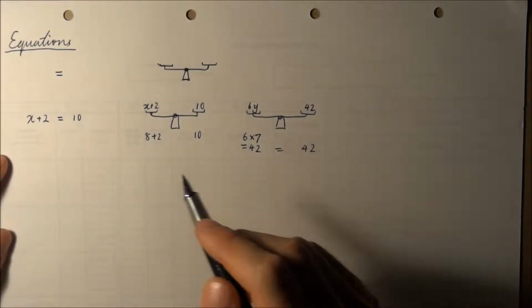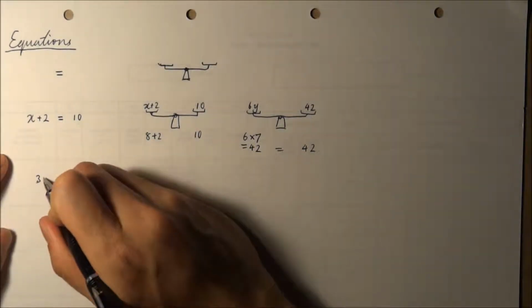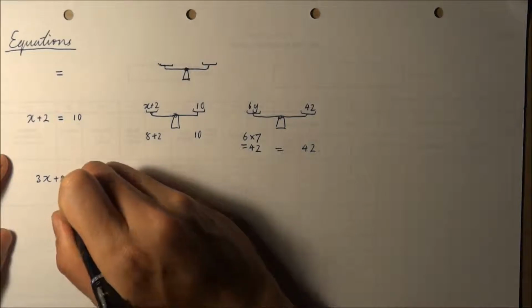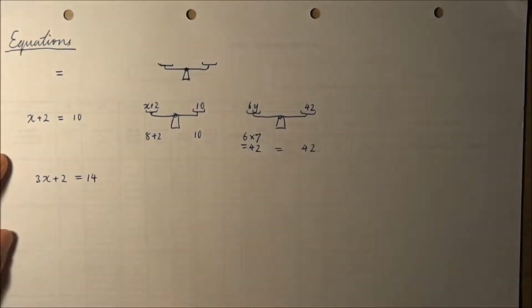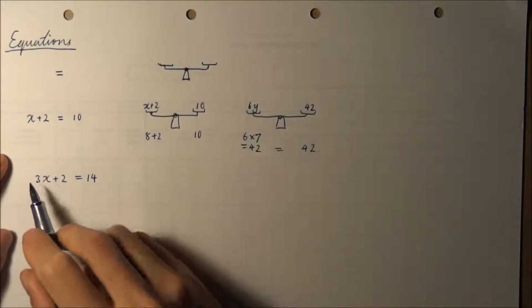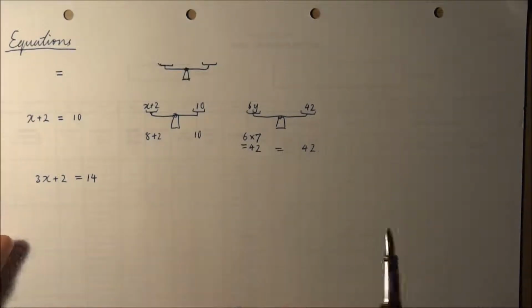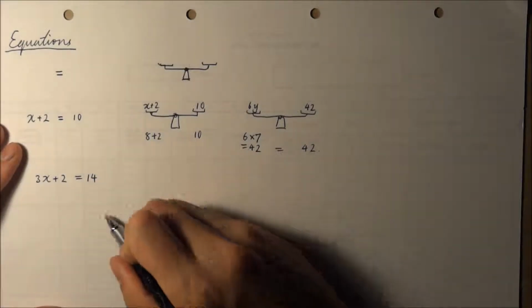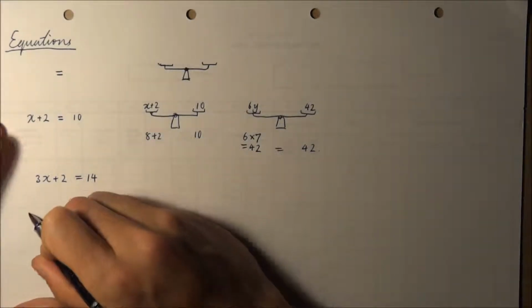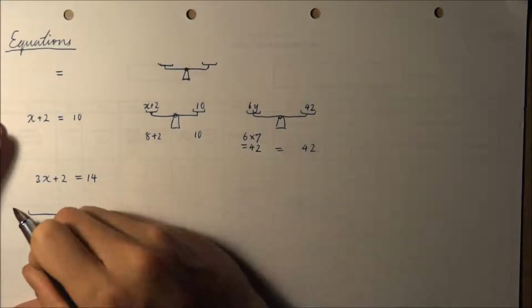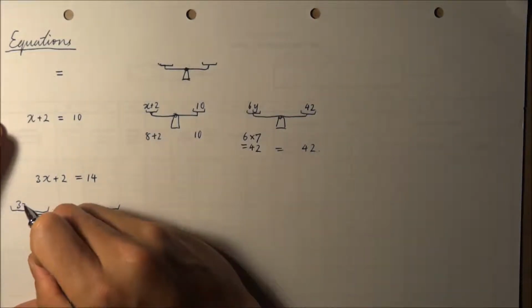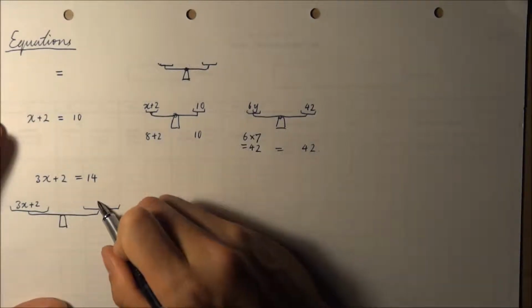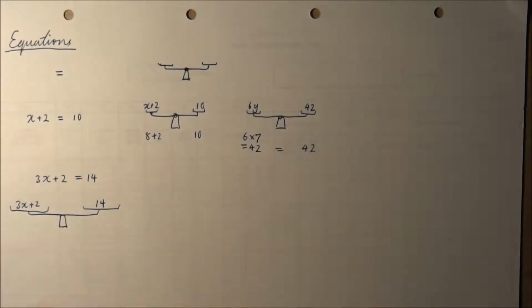So for example, let's have 3x plus 2 equal to 14. In this particular case, 3x plus 2 has to equal 14. Once again, if we have the balance here, 3x plus 2 has to be equal to 14 for the scale to remain in balance.